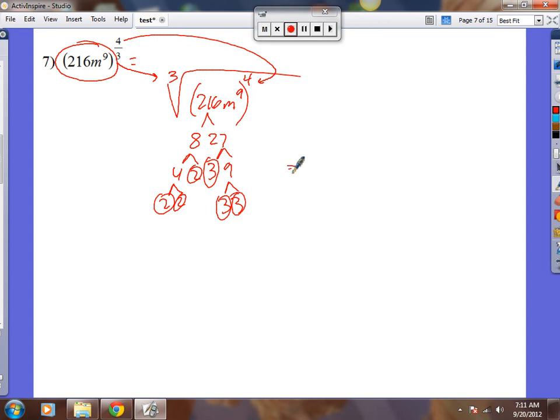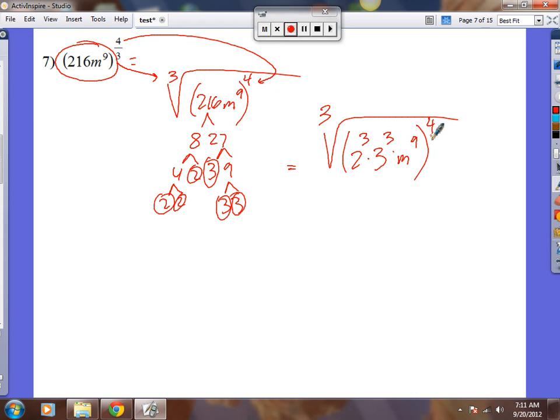Now I am going to write the cube root. Instead of 216, I'm going to swap it out for 2 cubed and 3 cubed. And then I've got m to the 9. That is all in parentheses and to the 4th power.